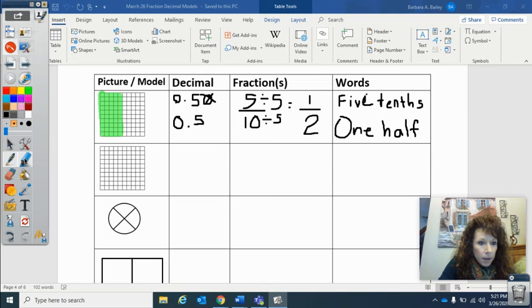So let me get my little highlighter here. I'm going to shade. Let me make it skinnier so I have a little bit more control. All right, so I'm going to shade right here. That wasn't too bad.